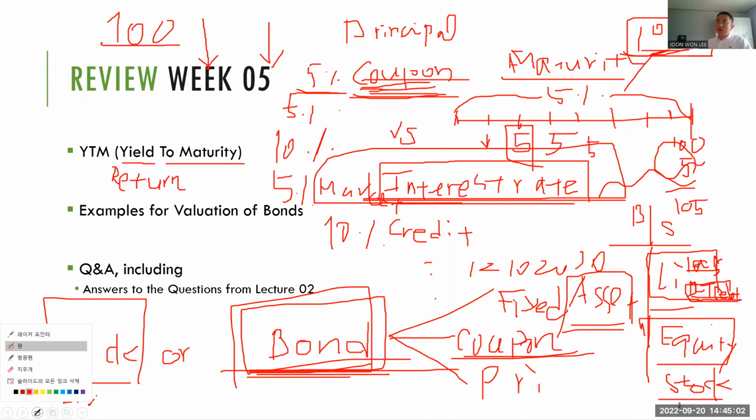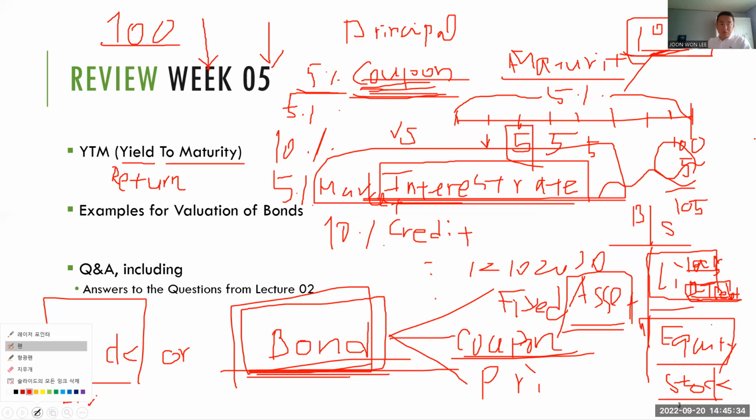What is the correct comparison? It is more precise to compare the market interest rate with the actual rate of return from investing in this bond, which is called yield to maturity.